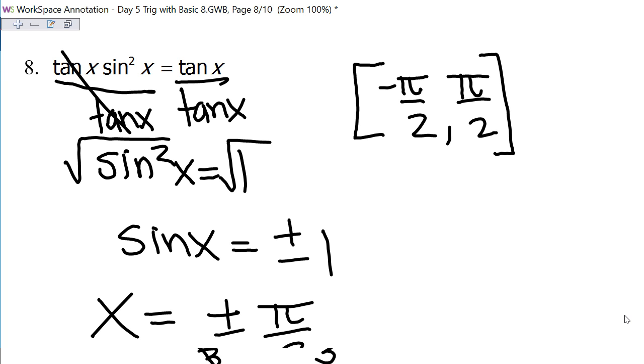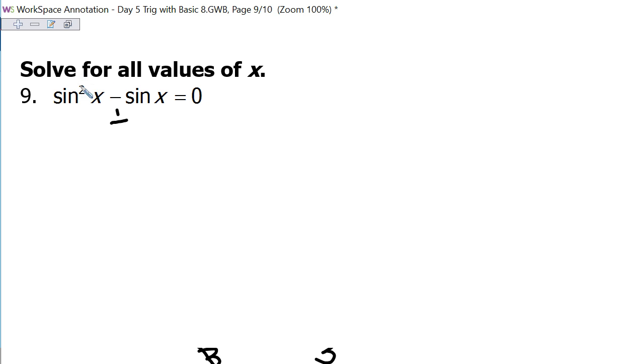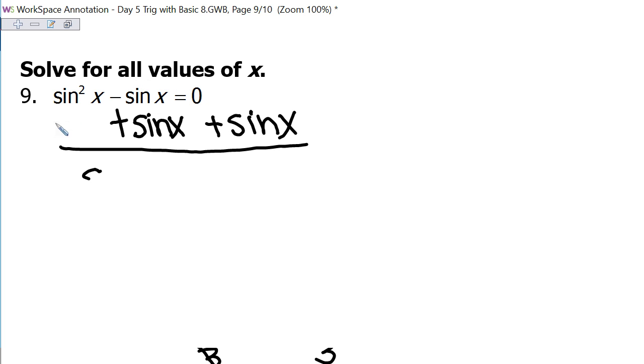Here's number 9. I see a sine squared, I see a sine. If I see two of the same on the same side, one of them needs to move. So I'm going to move the one with the minus, that way it changes to positive. So add sine of x to both sides. So that leaves us with sine squared of x is equal to sine of x.